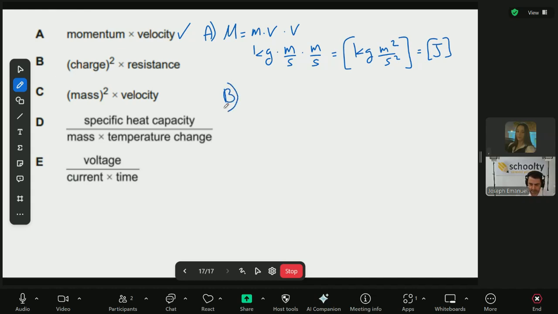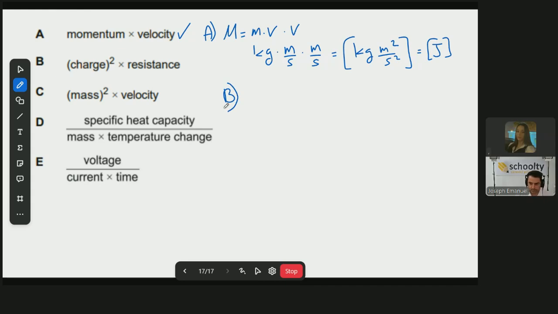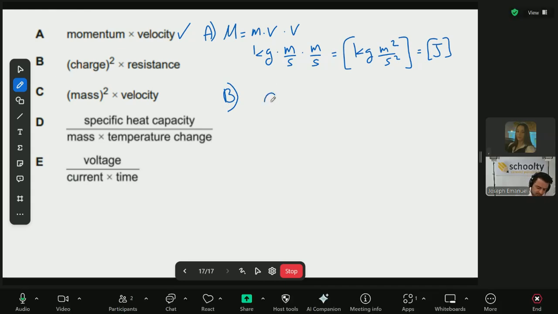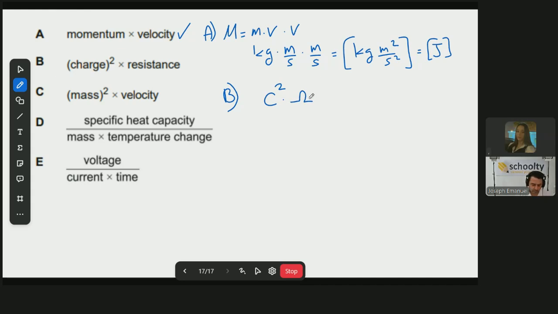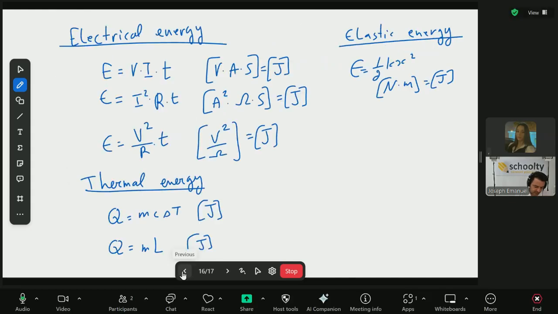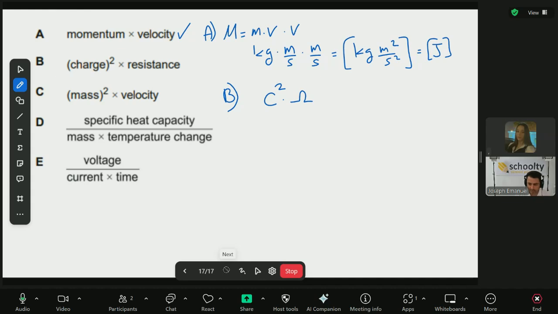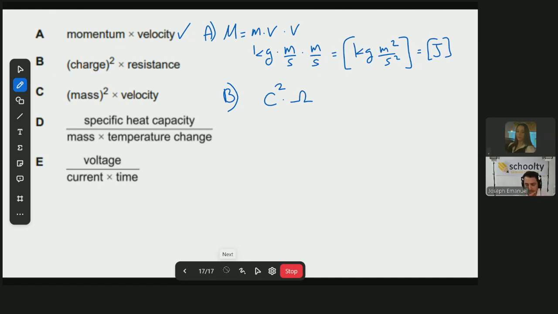B. Charge square multiplied by resistance. So this is C square multiplied by ohm. Let's see if we have it here. We don't have it here. No. Okay, let's see something similar. C. So what is C? This is ampere by second.